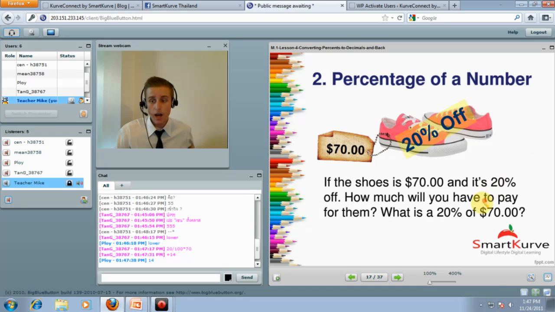Perfect. So 20% of 70 is 14. How much will you have to pay for them? How much will the shoes cost after that 20% is taken away? If the original price is 70, we know that 20% of 70 is $14. You just go ahead and subtract that, and you are both correct. The final answer will be $56.